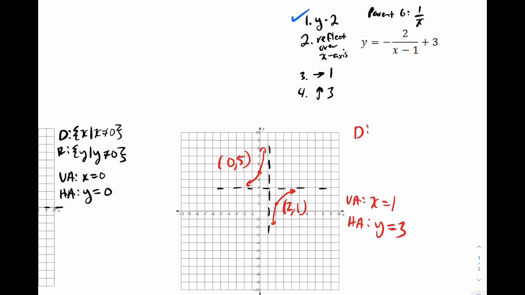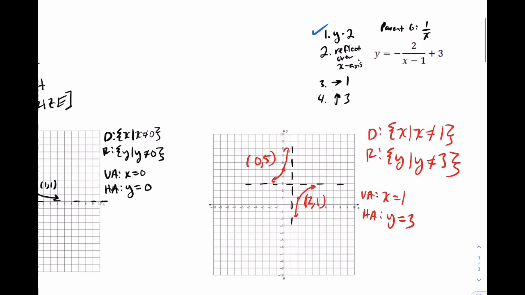We can also do domain and range. The domain is going to be all x such that x cannot be 1. And the range, that's going to be all y such that y cannot be 3. And that's it.